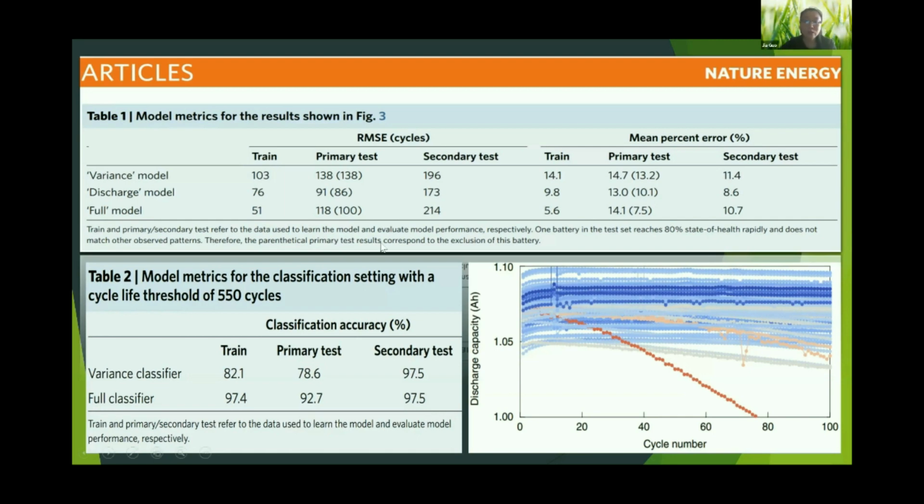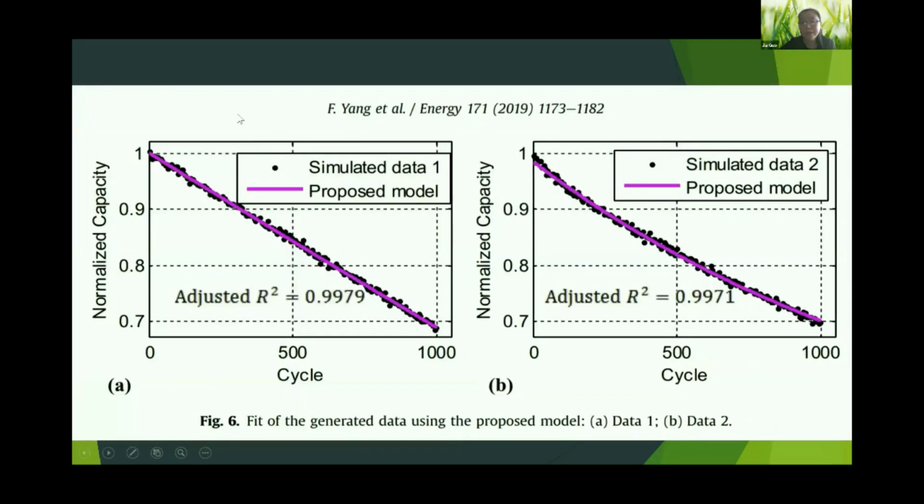Okay, next page. Let's look at the paper published in Energy. The team is Yang Fangfang et al. They ran the data and got very excellent adjusted R-square values: 0.998 for simulated data 1 and 0.997 for simulated data 2.